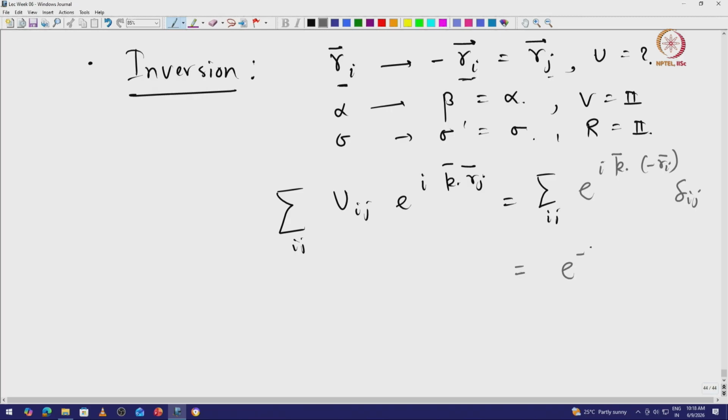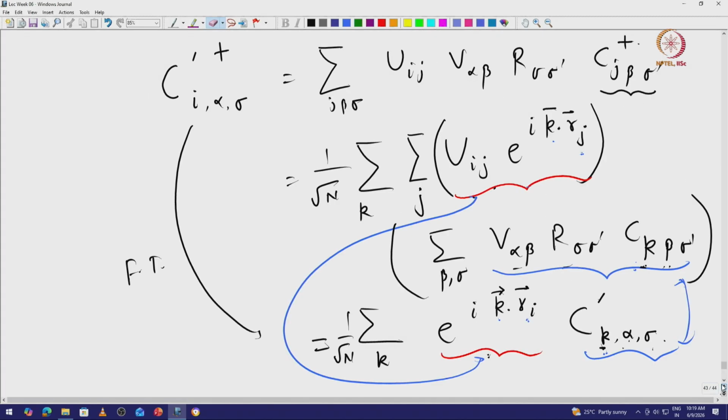So, it becomes e to the power minus I k R I, which we can write as minus k dot R I. And then C I alpha sigma, let us do this one.